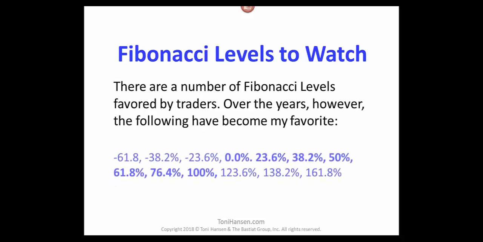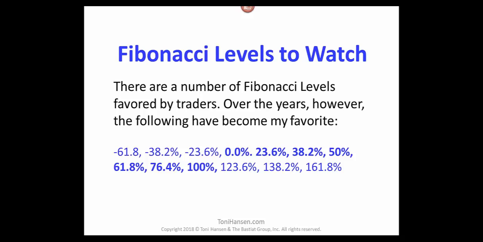Now I still keep to the very simple ones to begin with. I'll show you guys a little bit more detail here as we go forward, but the ones here in bold, these are the core focus. So your 0%, basically where you're starting from, 23.6, 38.2, 50%, 61.8, 76.4, and then 100%.